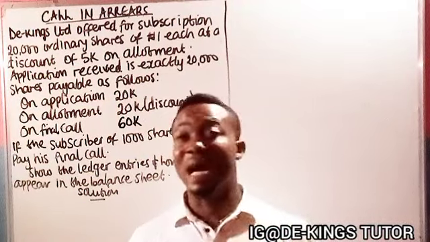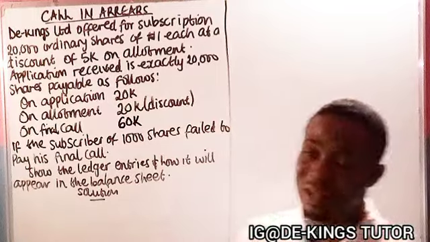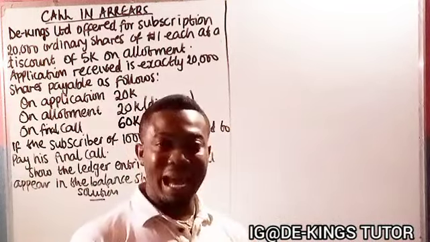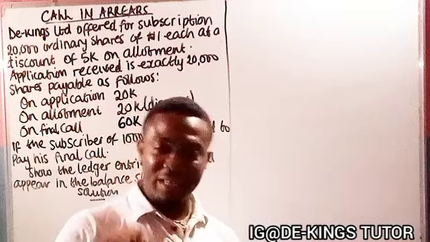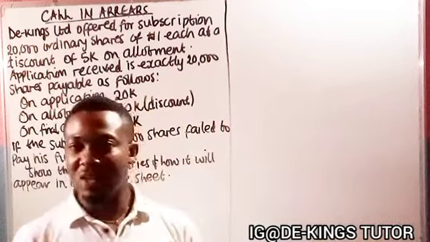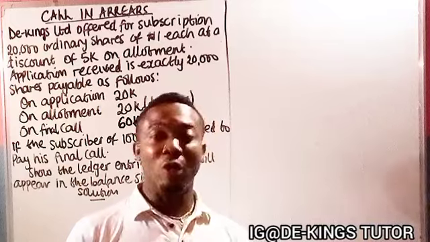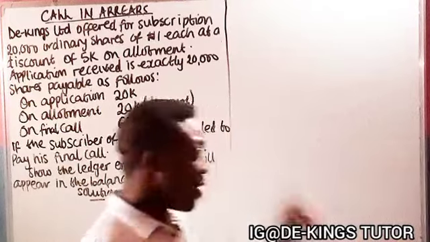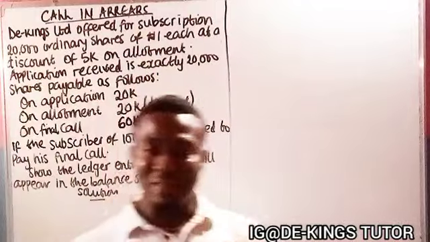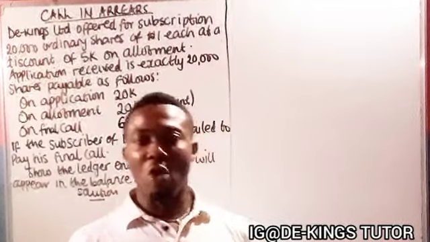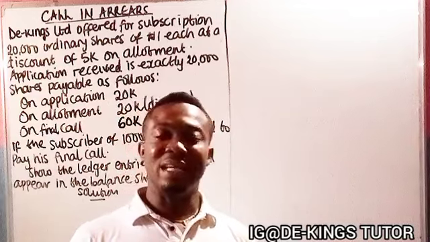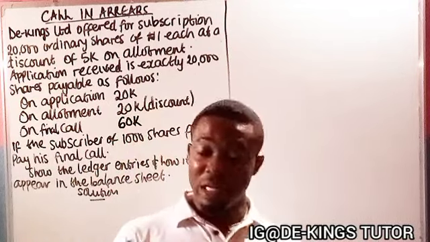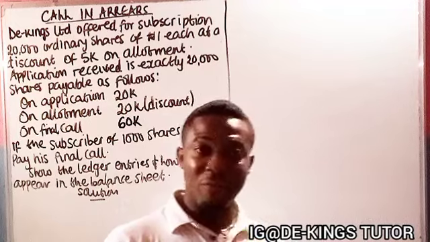When such a thing happens, two accounts are going to be affected: the call in arrears account and the call account, whether it is on first call, second call, third call or final call, depending on the question. Like we said, call in arrears arises when a shareholder fails to pay the amount due when the call has been made for payment.